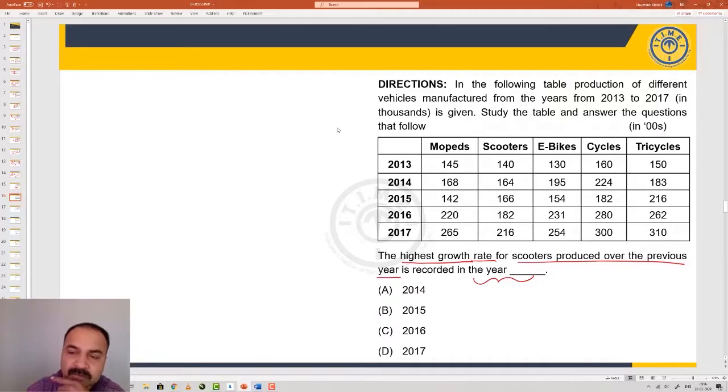So you want to compare growth of scooters only, and in which year was the highest percentage growth. They don't say percentage, but the moment they say rate, that means it's a percentage. So 140 to 164, growth of 24. 24 over 140. 140 is 100%, so 14 is 10%.